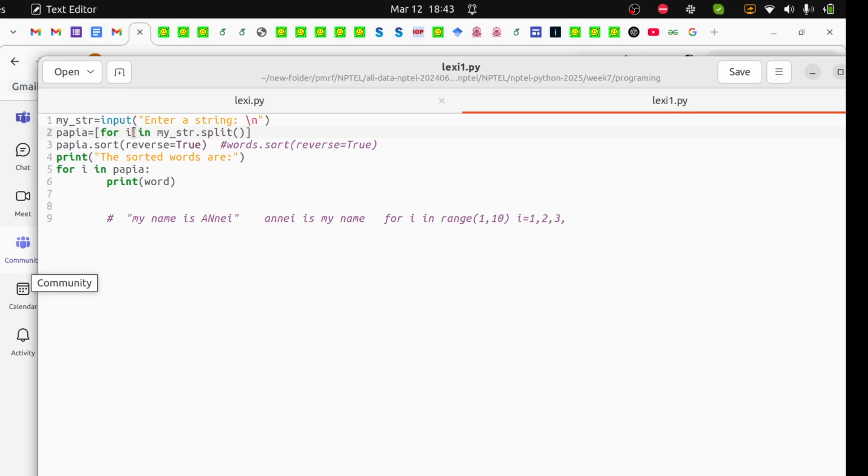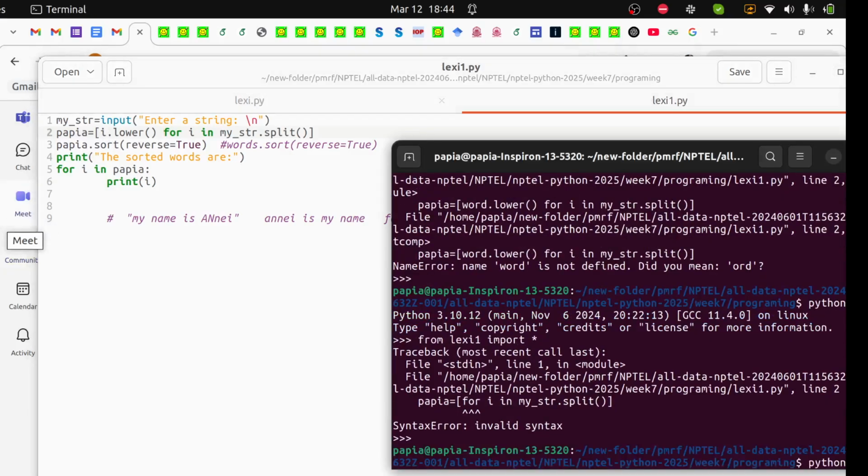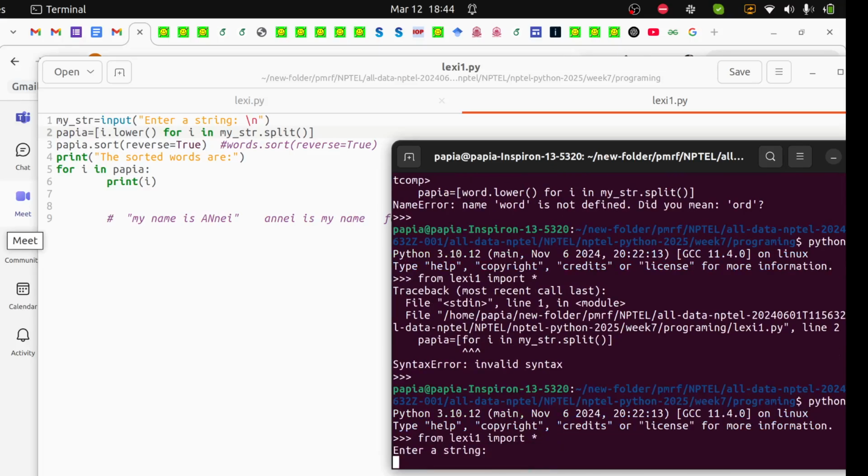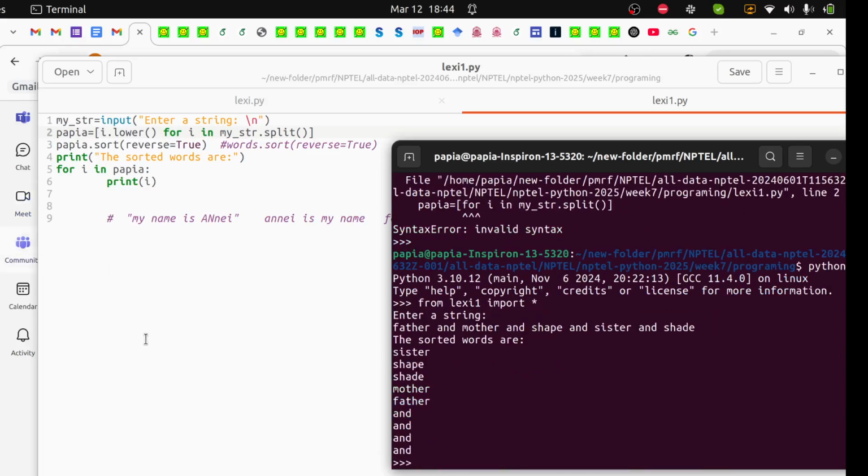What if I mention i dot lowercase, and instead of print word, I write print i dot lowercase? Yes, that is also fine.